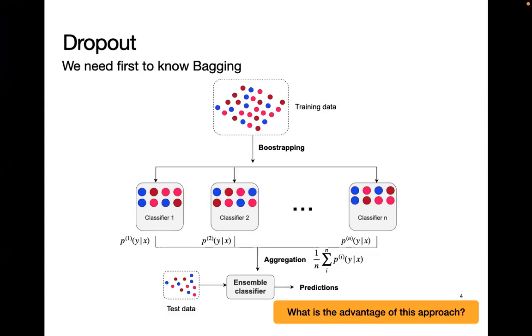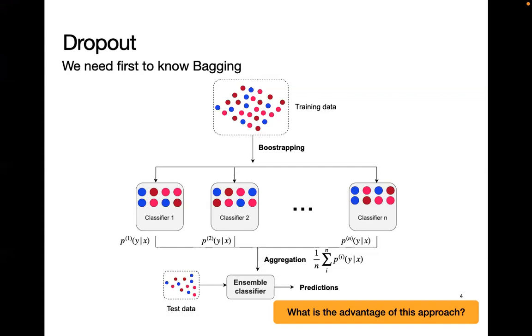What can be the advantage of this classifier? The assumption is that if you train a classifier on a subset of the data set, it will have high variance. Each of these individual classifiers may have high variance because they do not observe the entire data set, just a small subset.